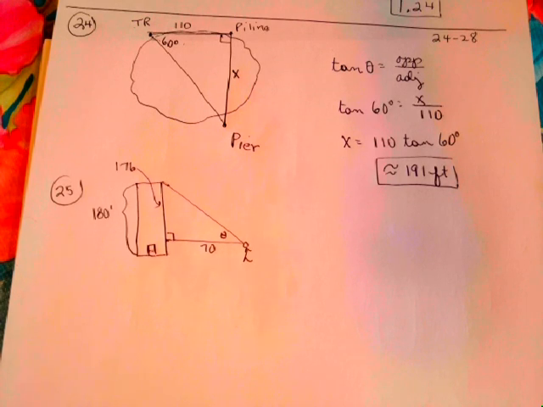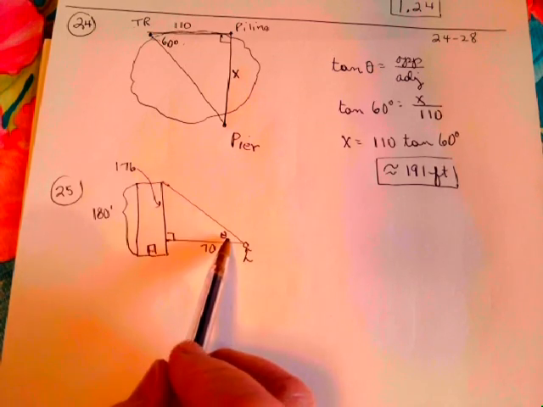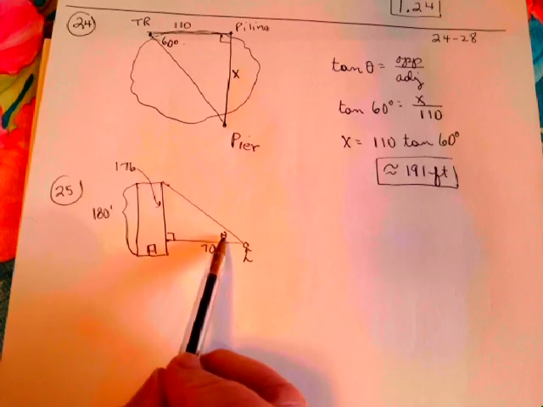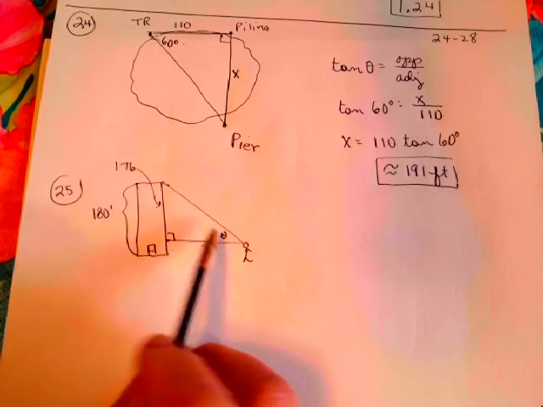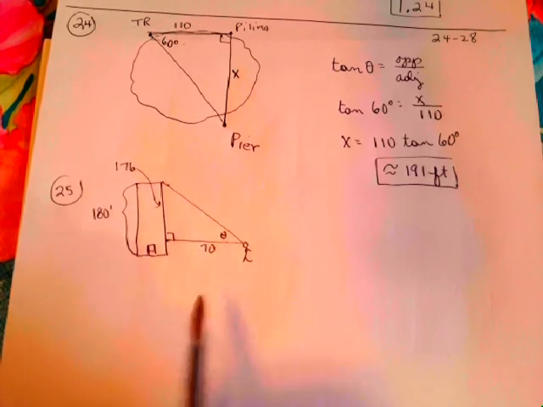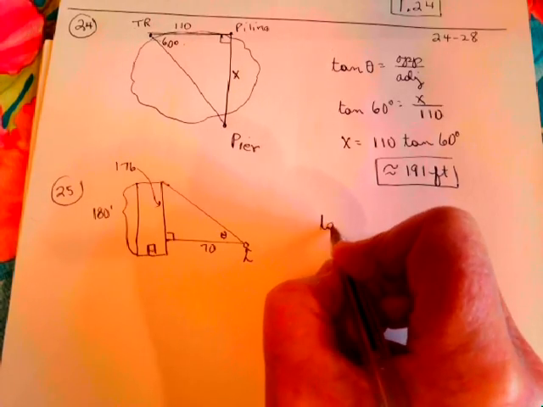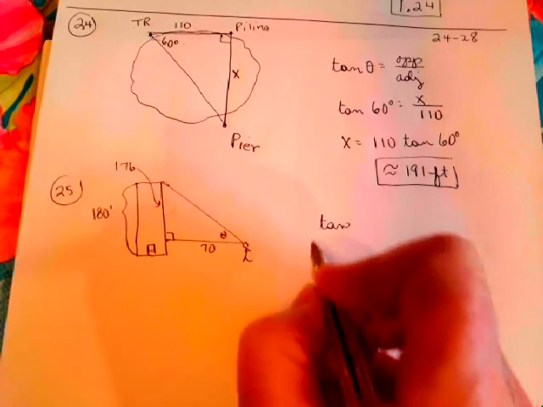Look at the information given. Think which trig function involves that information. Again, I'm looking for the measure of theta. I'm given opposite and adjacent, so I know that I'm going to use the tangent function.